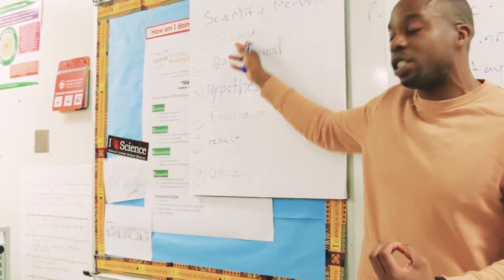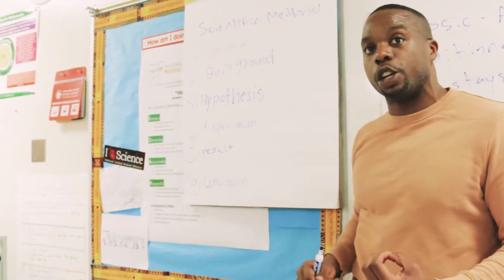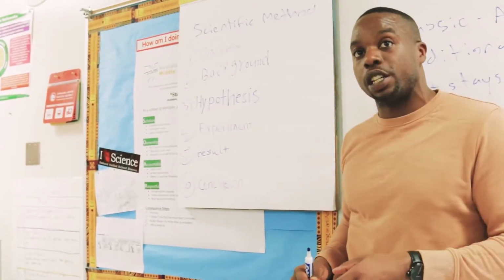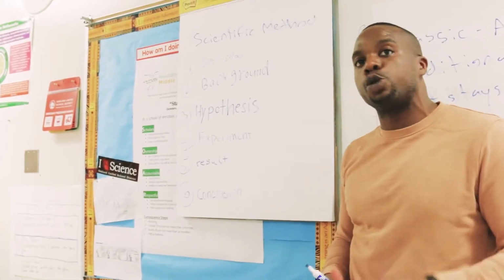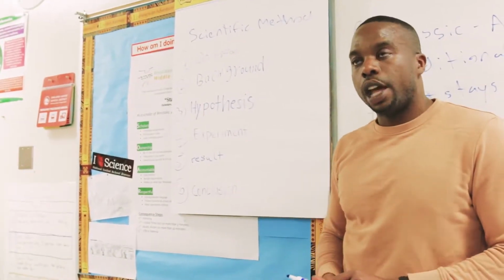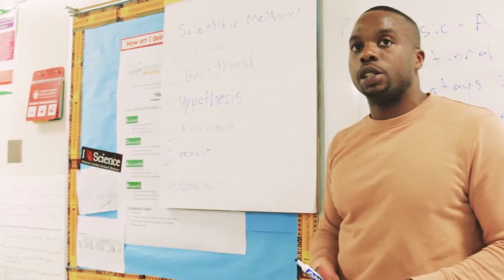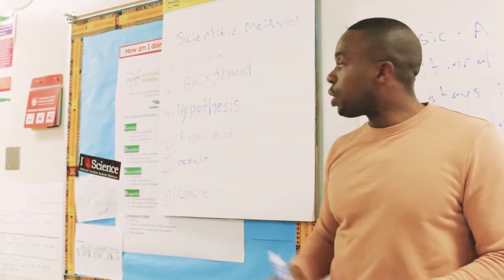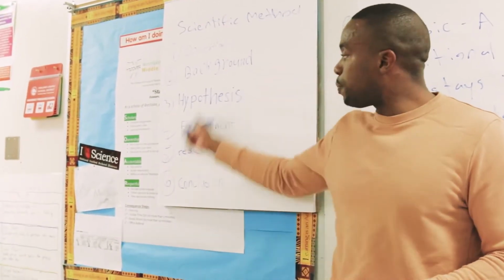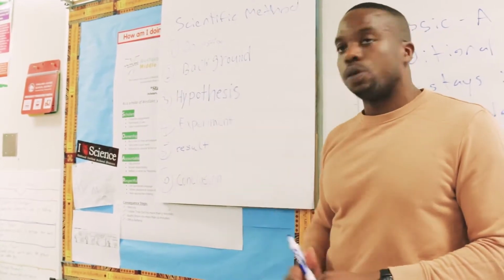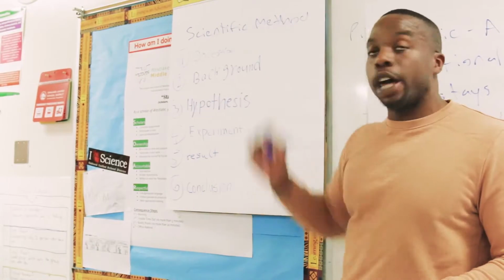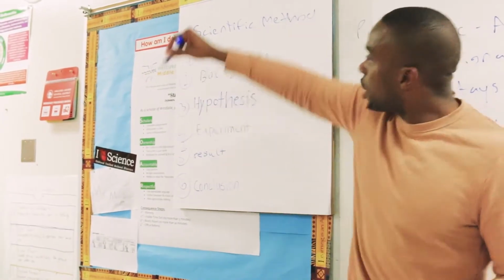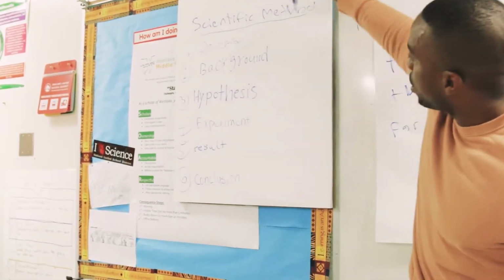Remember, even though you have a question, you need your conclusion to make sure that it answers your question. Without an answer to a question, you don't have a conclusion that helps you out with that. So then, everyone, question, background, hypothesis, experiment, results, conclusion. That makes the steps of the scientific method.